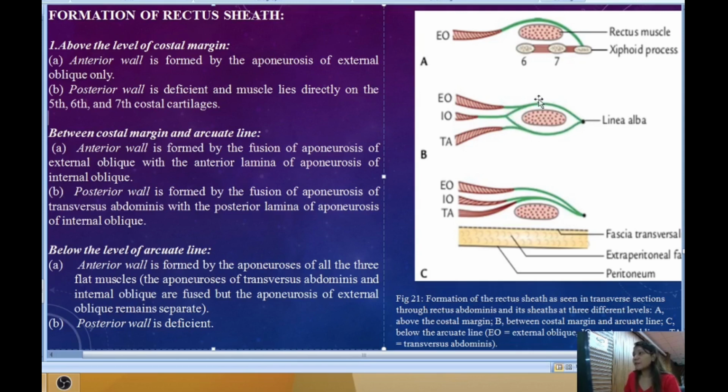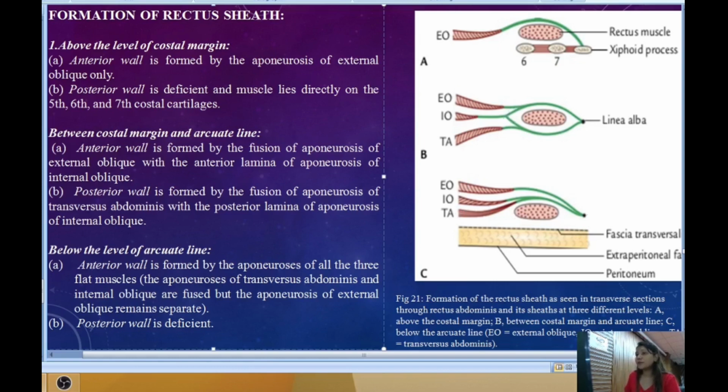So this part is the anterior wall and this part is the posterior wall. So above the costal margin, this posterior wall is deficient. Between the costal margin and the arcuate line, you have the posterior wall. Okay, and below the arcuate line, again the posterior wall is deficient.